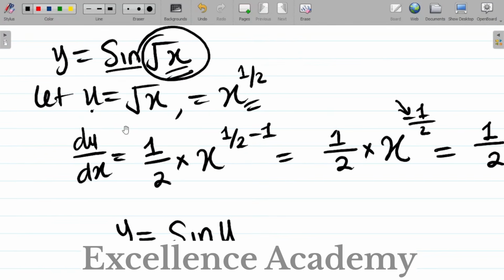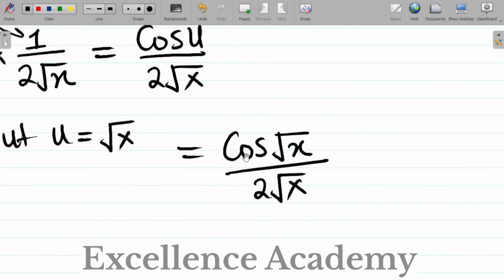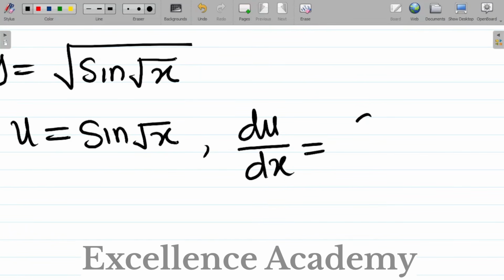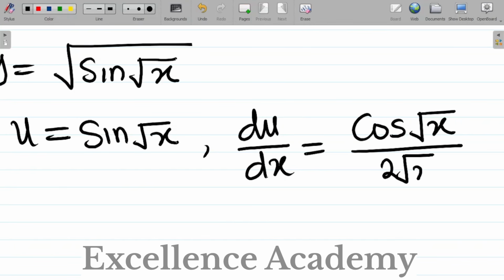We've established that if we differentiate sine root x, our value would be cos root x all over 2 root x. Let's impute this value as du/dx. So du/dx is equal to cos root x all over 2 root x, as I showed you earlier.